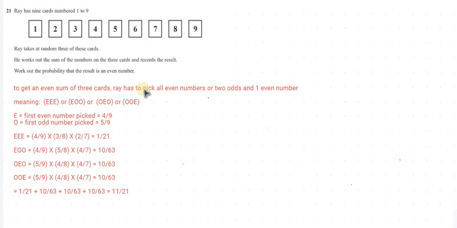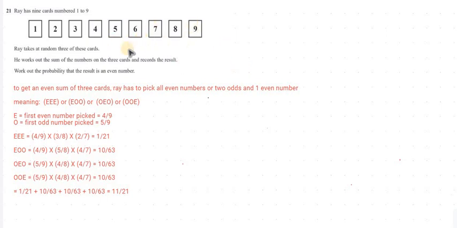Okay, so the only way to get an even number from summing 3 cards that you pick is to pick all 3 even numbers, or to pick 2 odd numbers and an even number. If you don't trust it, check.